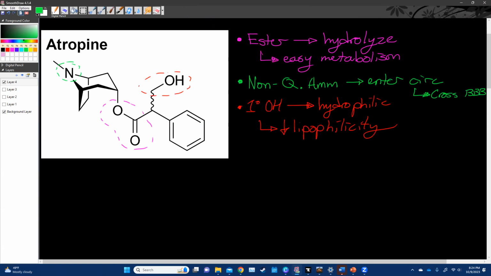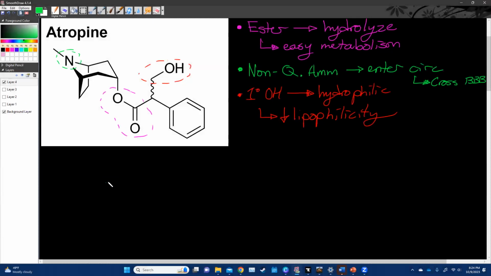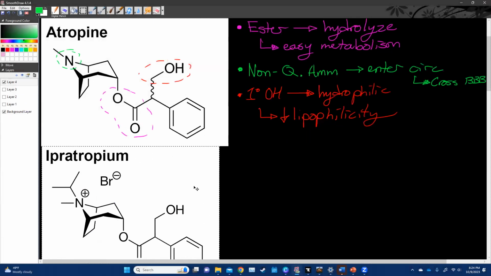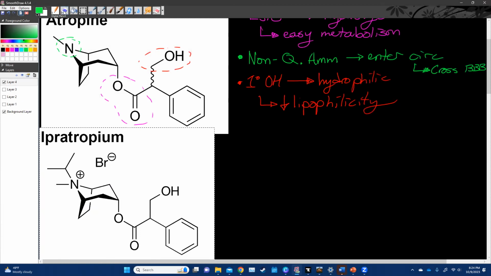So let's look at a couple of modifications. First things first, we have ipratropium. What is the main modification of ipratropium? What got added here? Okay, perfect.